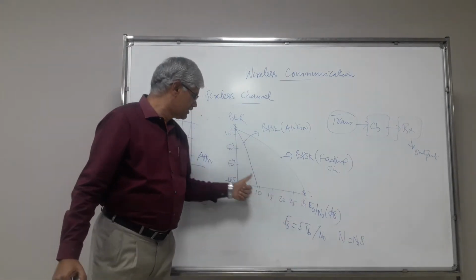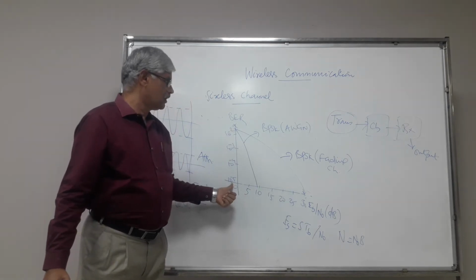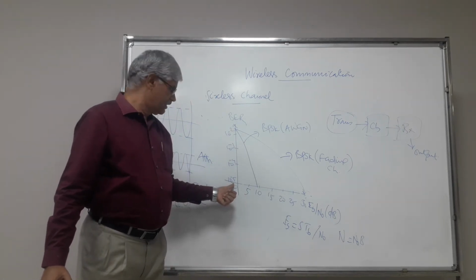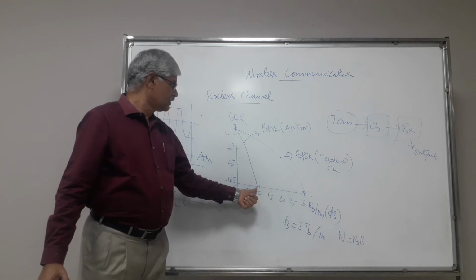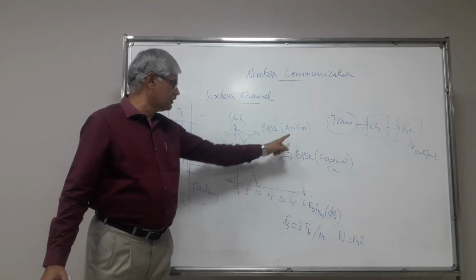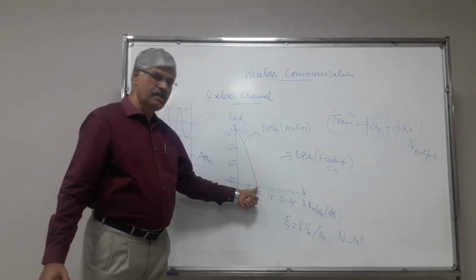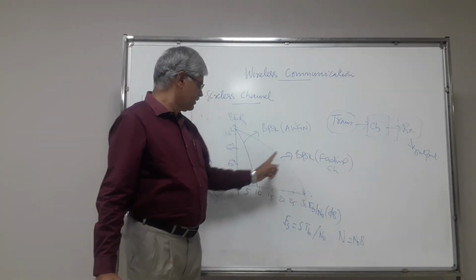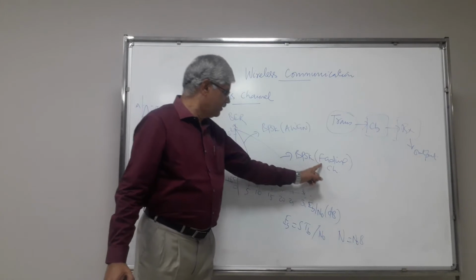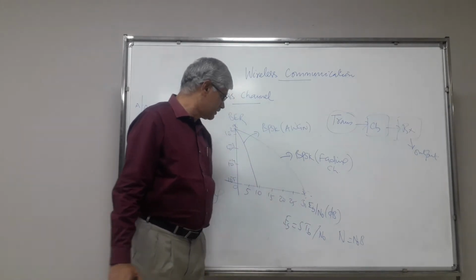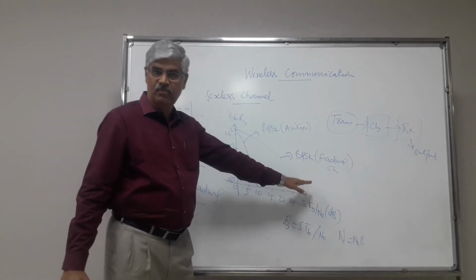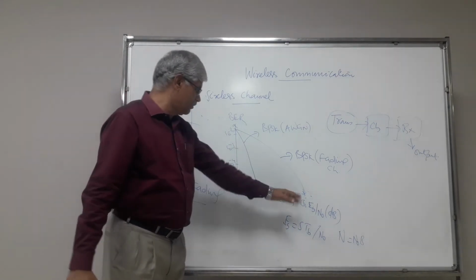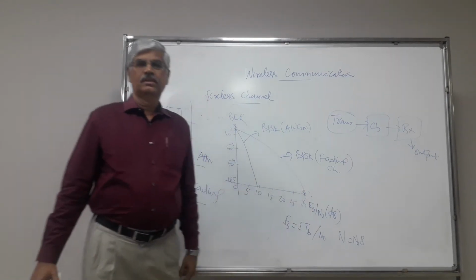To get the same output quality, the same system with only noise requires only 10 dB, whereas to get the same quality in a fading channel, it requires 30 dB or even more than 40 dB at least. 30 dB, even 20 dB more.